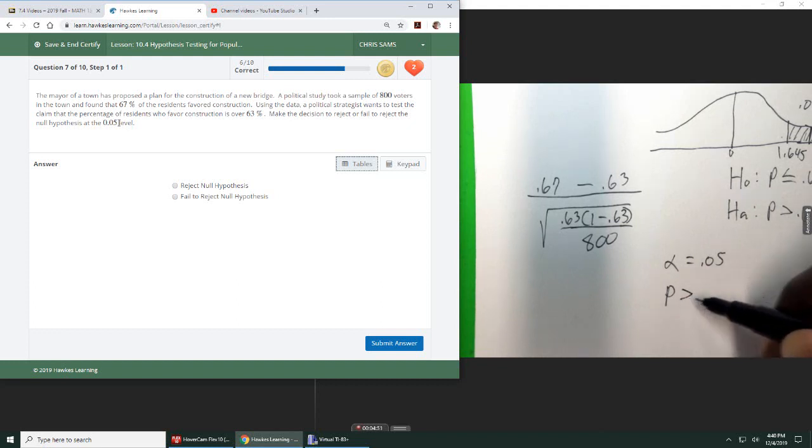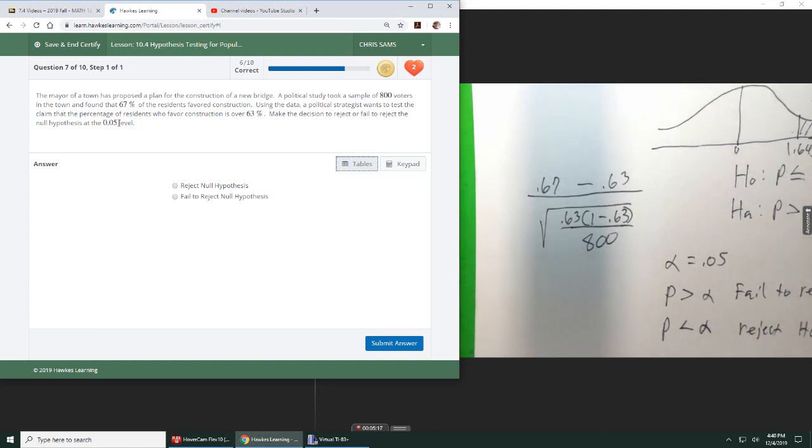If p is greater than alpha, we fail to reject. If p is less than alpha, we reject.